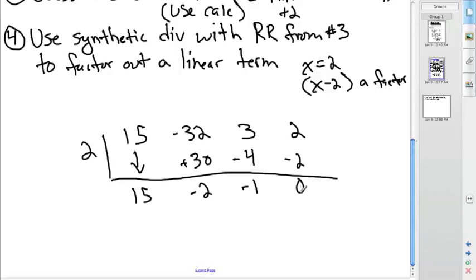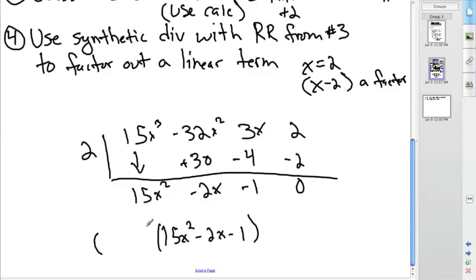If this was not 0 for your remainder, that means you pulled out the wrong rational root. So if this was x to the third, this is x squared, and x, this is now x squared, x, and 1. So 15x squared minus 2x minus 1 is in parentheses. We know that x minus 2 is a linear factor.